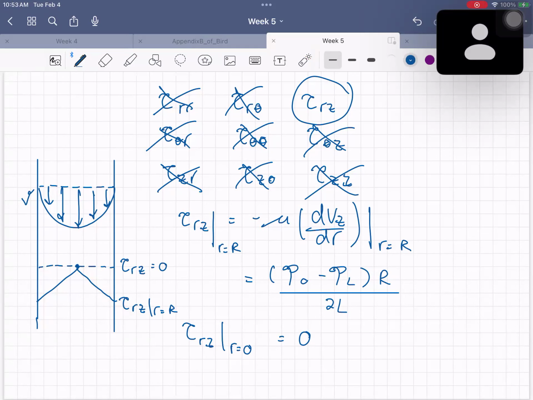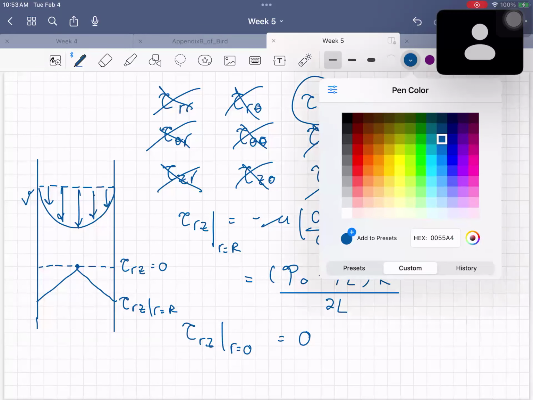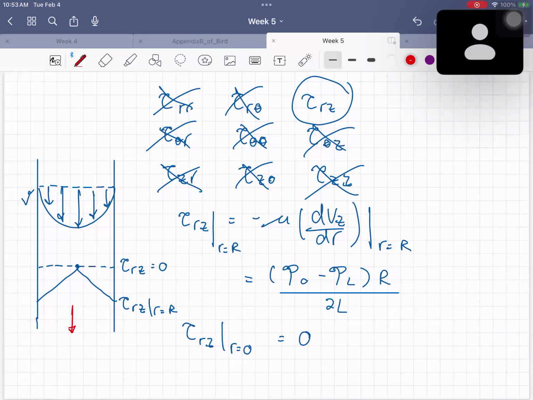Or you can say that this is the direction of the flow of velocity, but the transferring direction is in R direction. So it's corresponding to being a tensor. Do you still remember tensor? A tensor variable has one magnitude with two directions. Two directions in this case are the direction of the flow velocity, and the other one is the transferring direction.